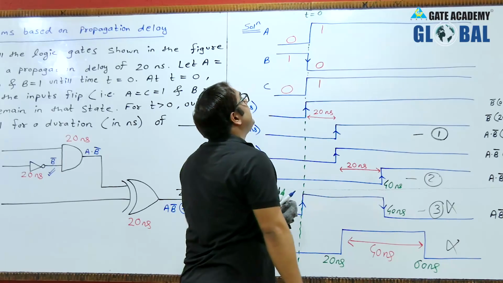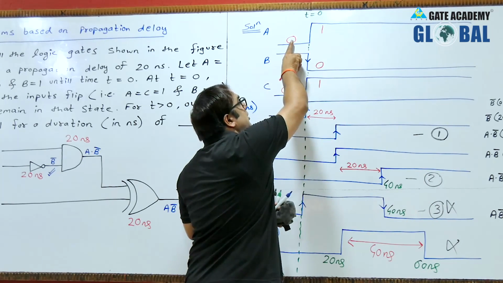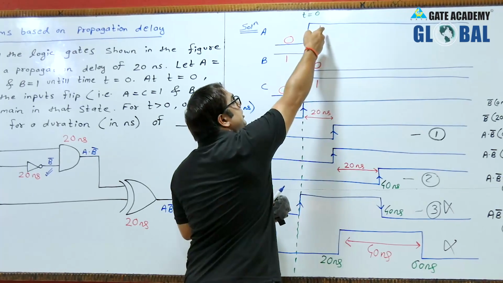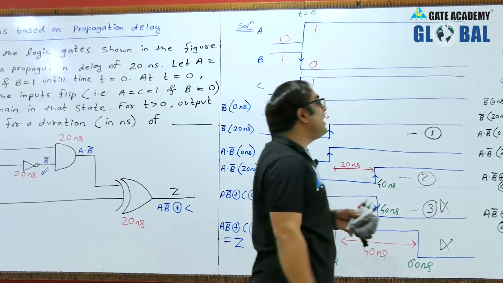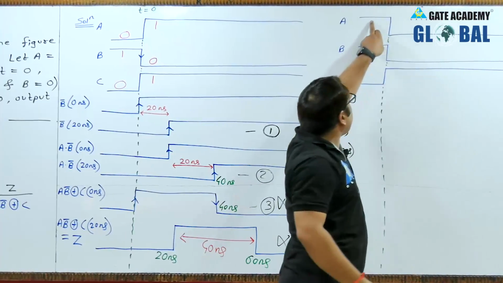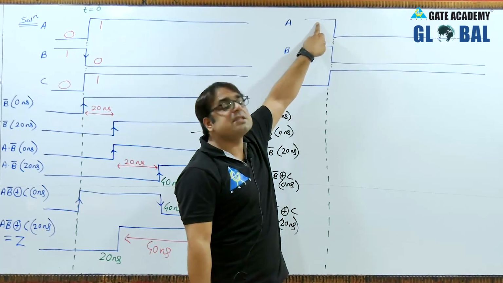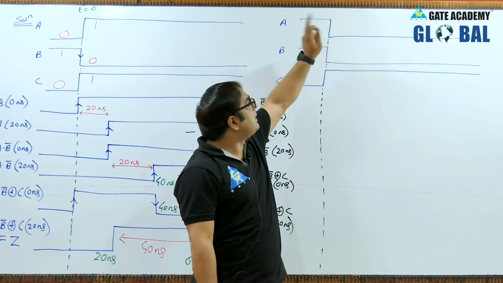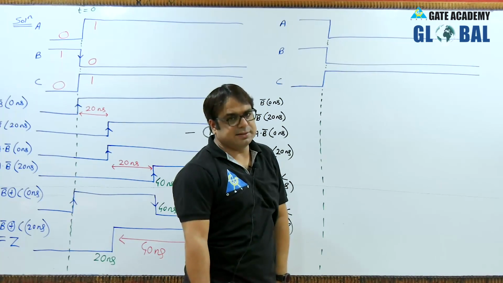In this question, it was given to assume initially A is equal to 0 and then A was flipped to 1 at t equal to 0. What change I have made is that initially A is at logic high. Now at t equal to 0, this will be flipped to logic 0.